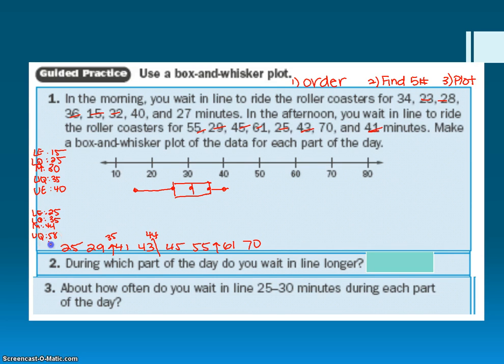And then 70 is my upper extreme. So 25, 35, 44 slightly to the left, 58, and 70. The 3 middle dots have the lines, and I make the box and make your whiskers.